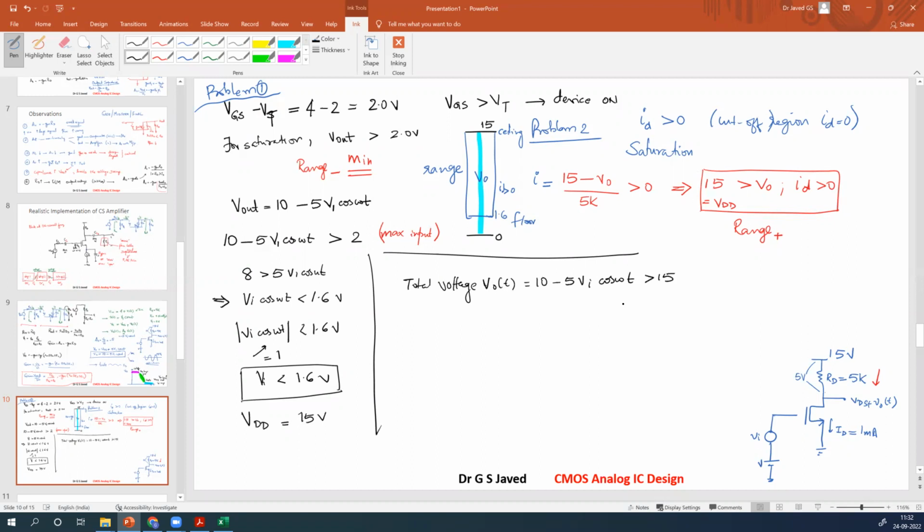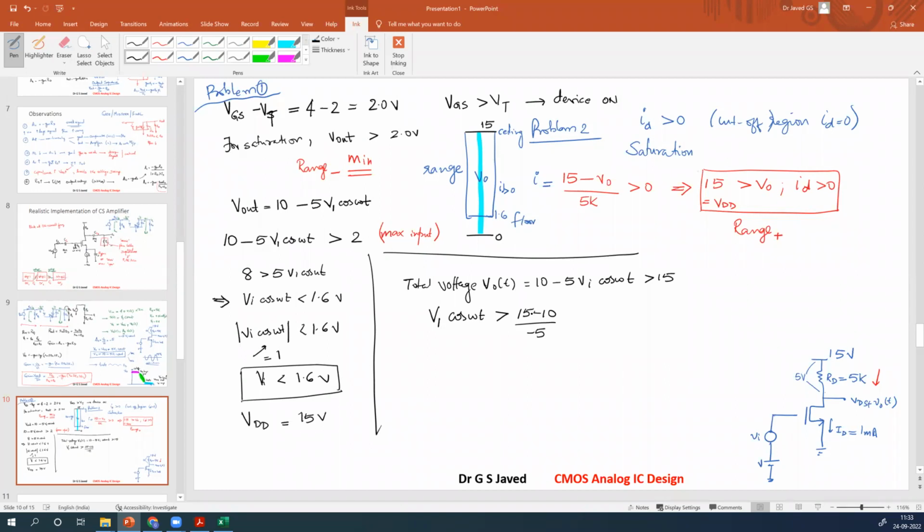Then what will happen? Let us find the value of Vi cos omega t. Vi cos omega t will be greater than 15 minus 10, divided by minus 5.